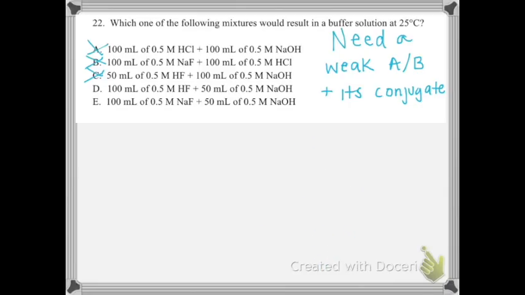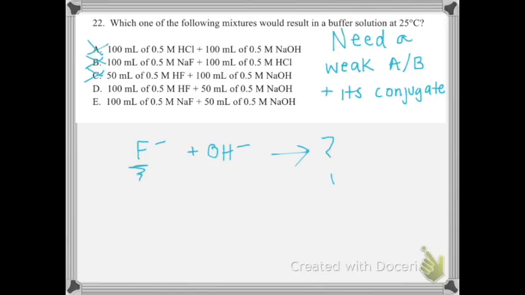So in E, we'd have F minus present in solution, and then we'd have OH minus from the strong base. And these would react. We generally don't think of bases reacting with each other, right? So we have the wrong components here in general.